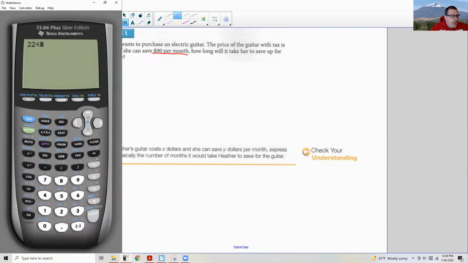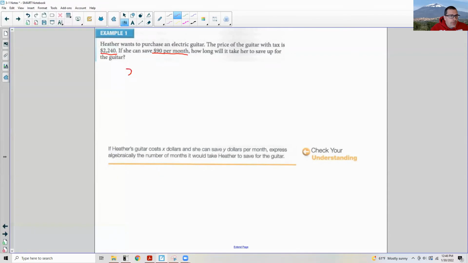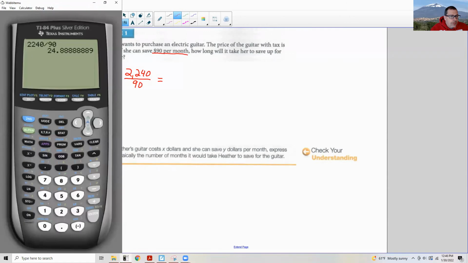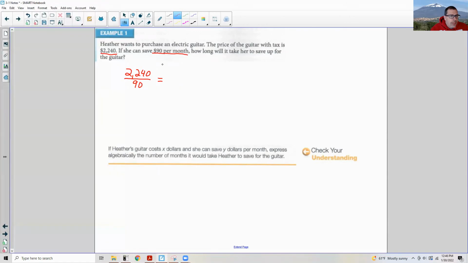You take the price of the guitar divided by $90, and that would take 24.8889 months. So all we do is take the amount of the item, divide it by how many dollars per month, and that is going to equal the number of months. So let's just say approximately 25 months.